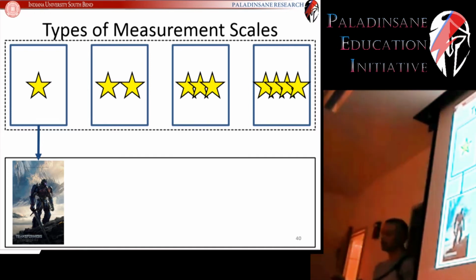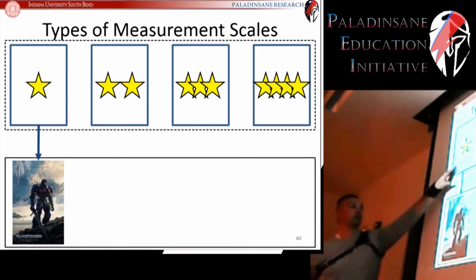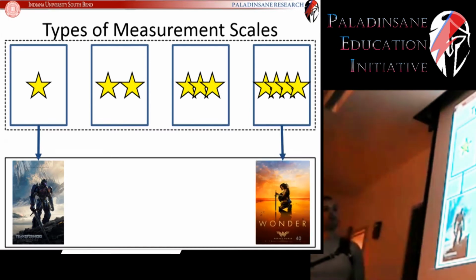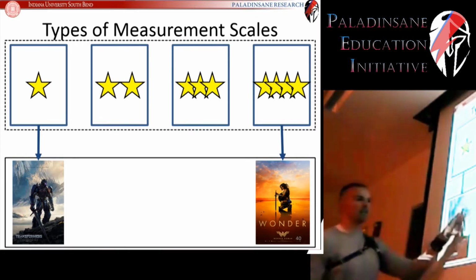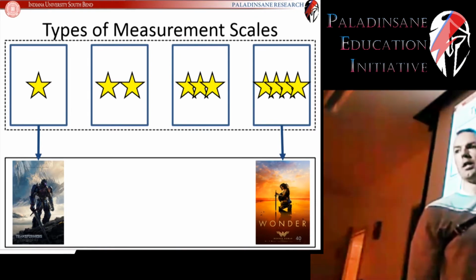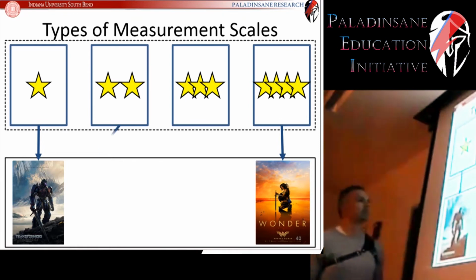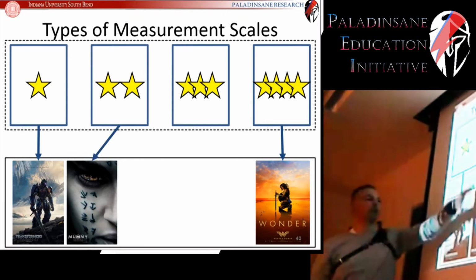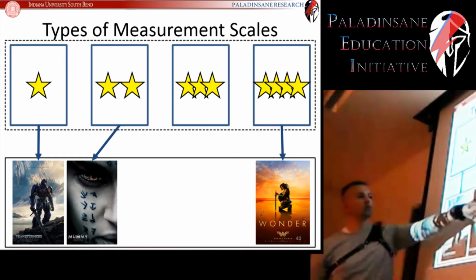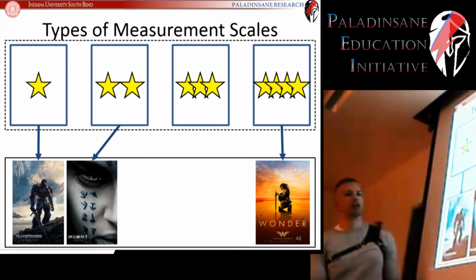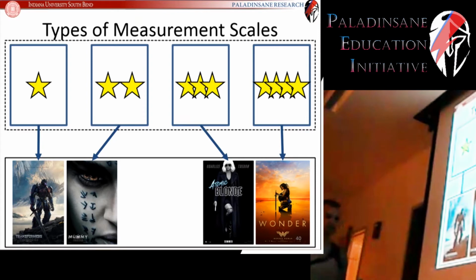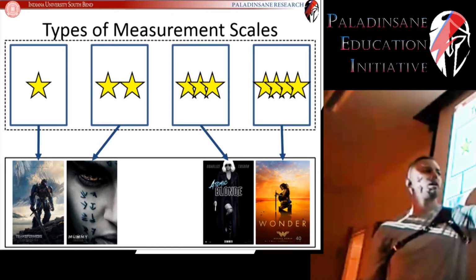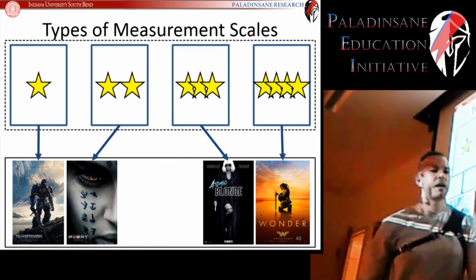It was a 1-star movie, indicating low true quality. Wonder Woman, 4-star movie, indicating high true quality. Tom Cruise's The Mummy, low quality, 2-star movie, which again indicates low true quality. And then we have Atomic Blonde, a 3-star movie, again indicating higher quality.